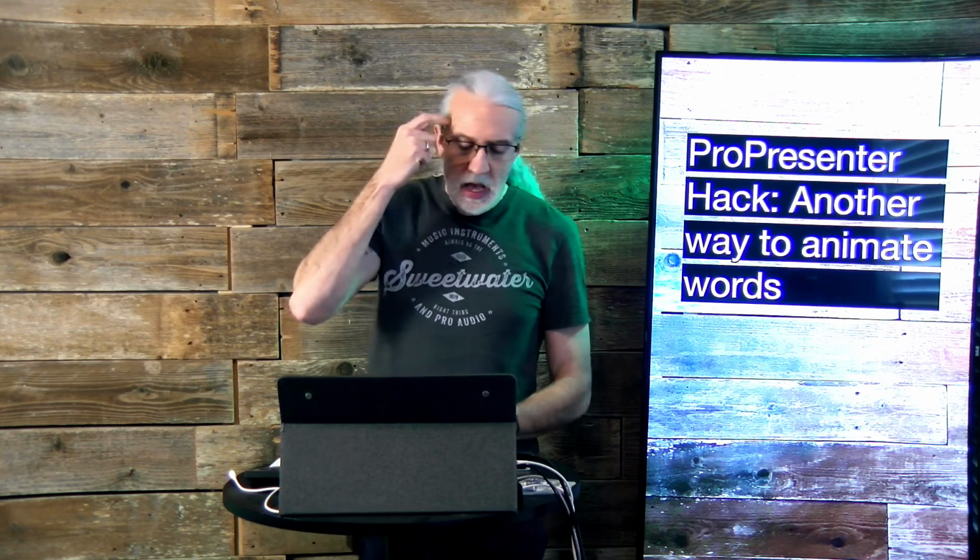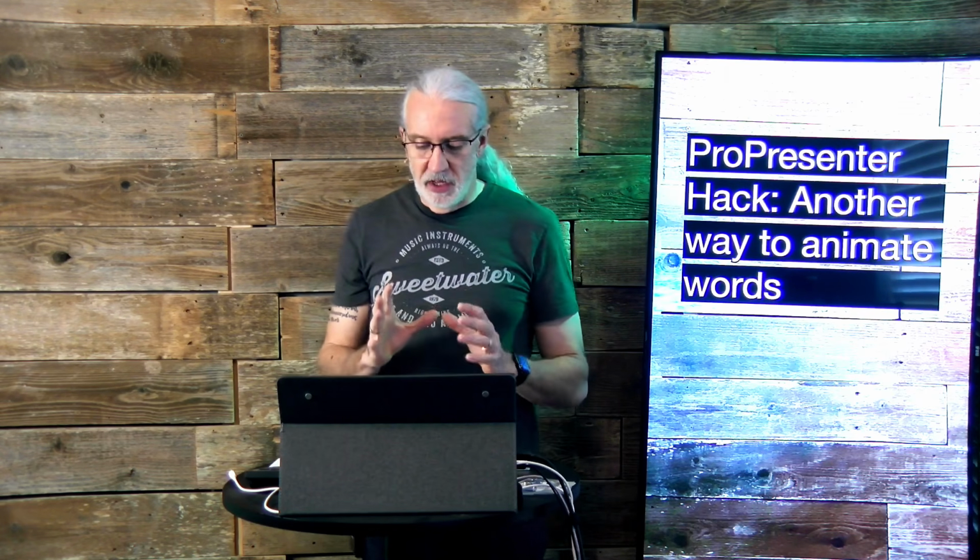So, this is actually something that someone was saying, hey, I did some animation of some text, and the problem is I use multiple text boxes, and as a result of that, on the stage screen, it's just not looking right. Is there any way that I could animate multiple sections of a single text box?